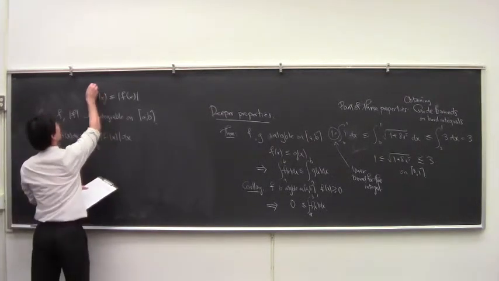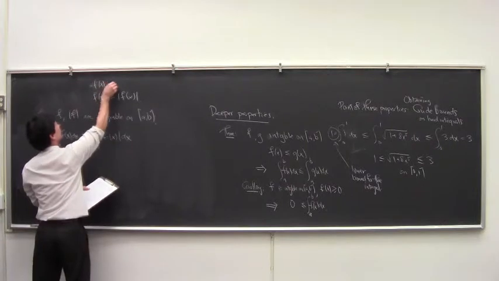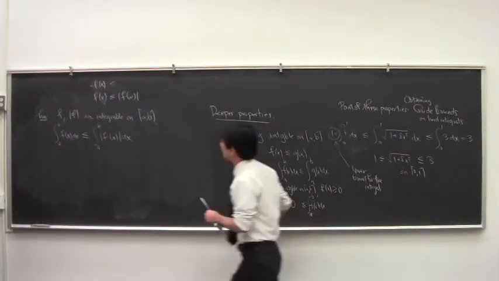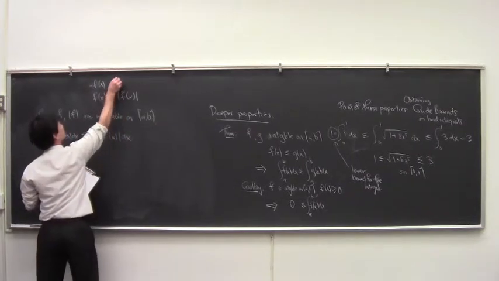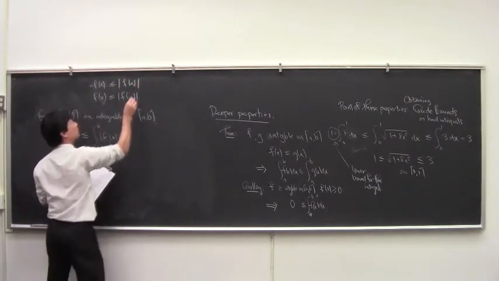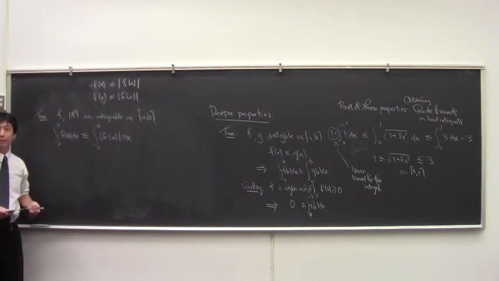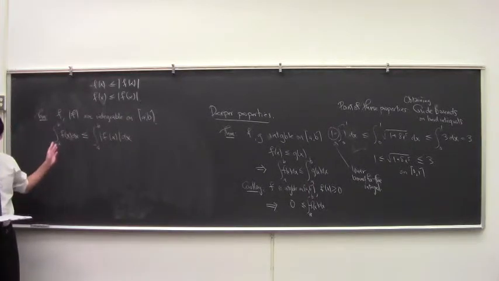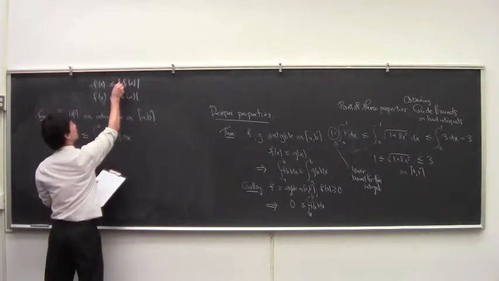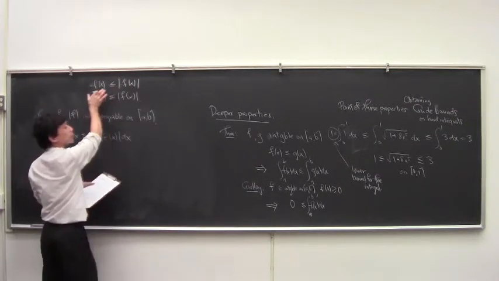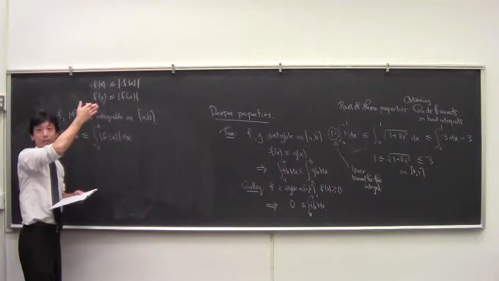How about this? If I look at negative f, that's also smaller than the absolute value of f. Is that obvious? Because the negative of the absolute value of something is always smaller than or equal to the value itself.